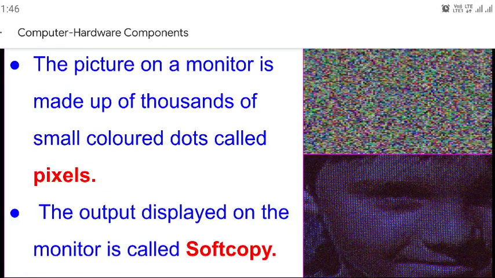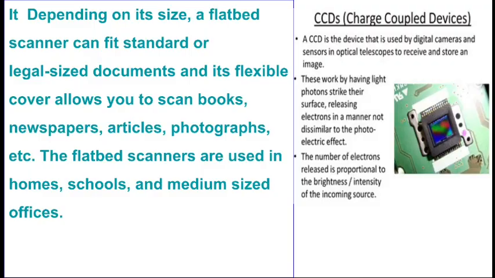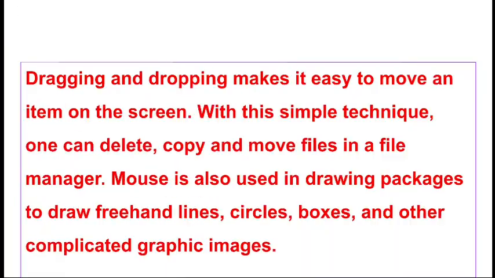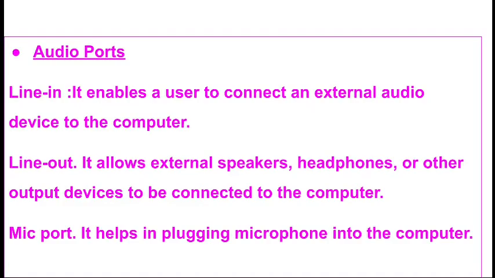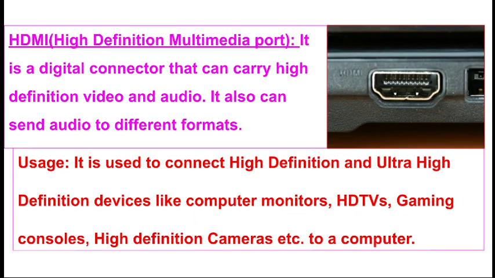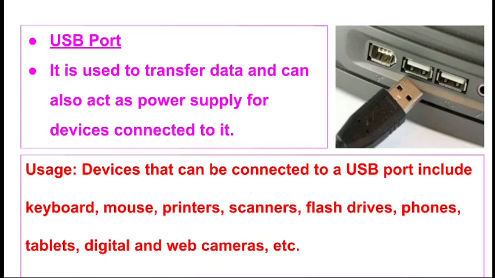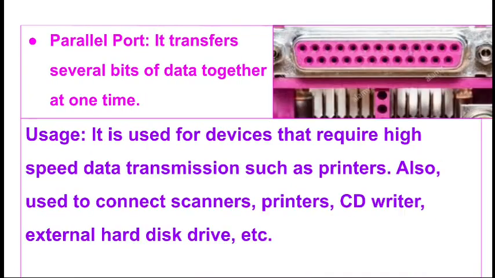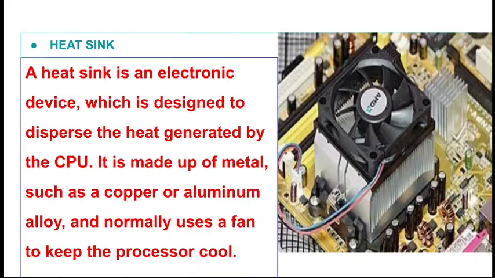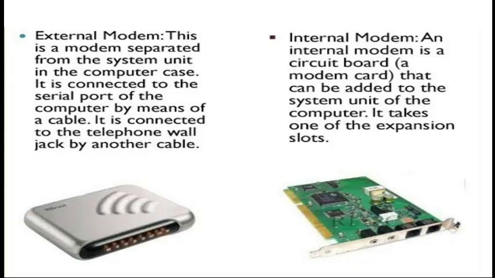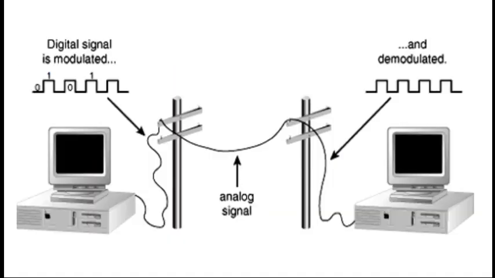A printer is a device that connects to your computer and gives you the output on paper. Yes or no? It prints on paper. Such a device is called a printer.